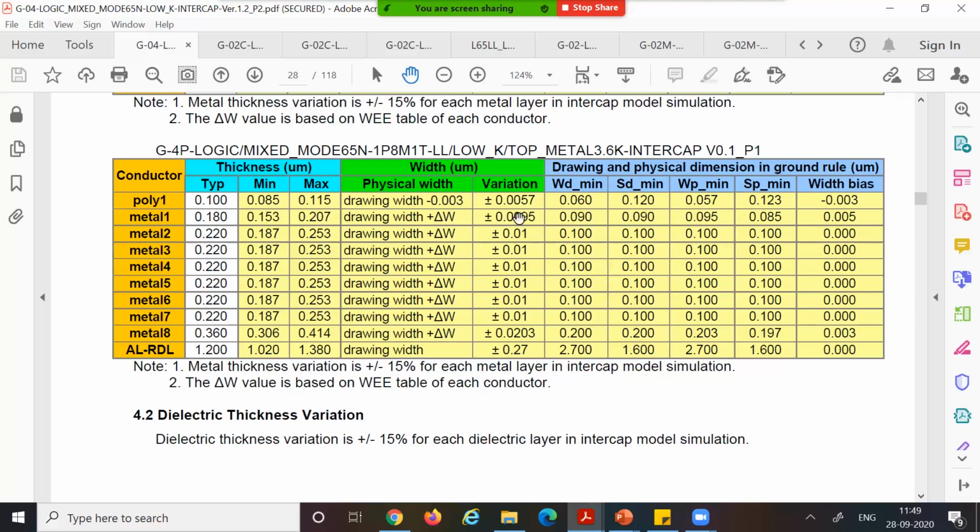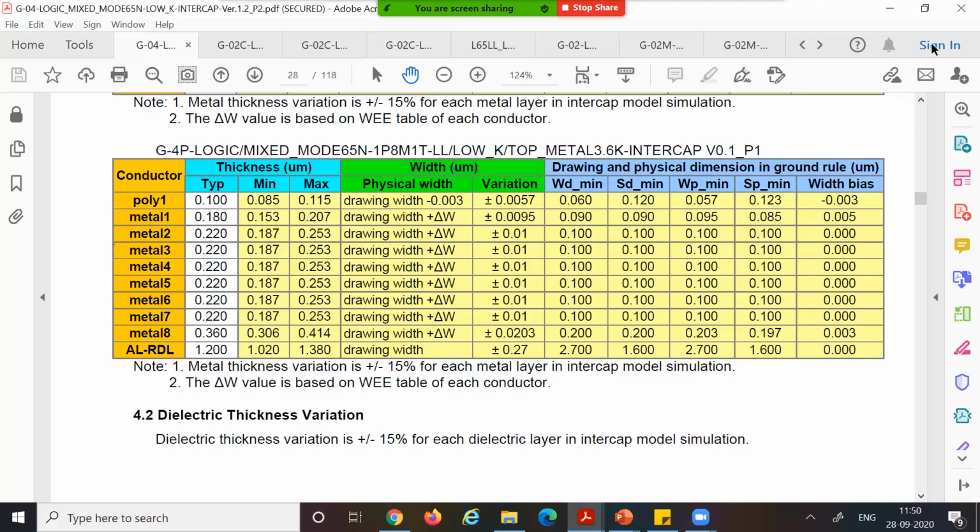Let's say you draw a 100 micron wide thing. How the foundry will interpret it is basically drawing width plus some delta W, to account for all these variation factors. Physically, if you do a scanning electron microscope image of the chip, you will see that the physical width will be drawing width plus this delta W with some variation.